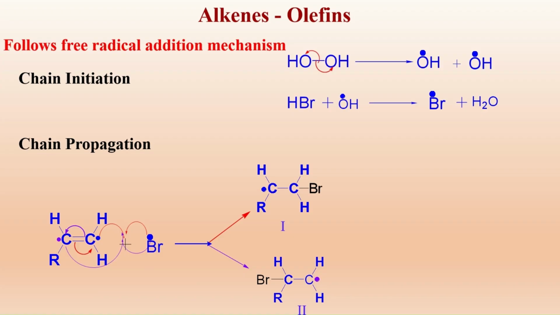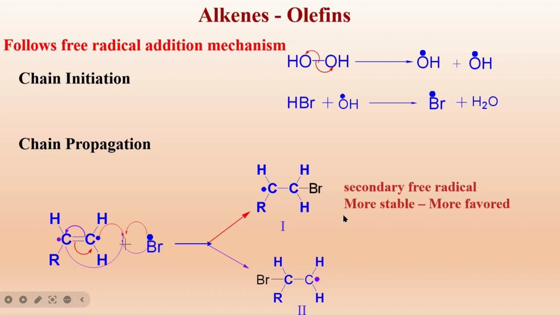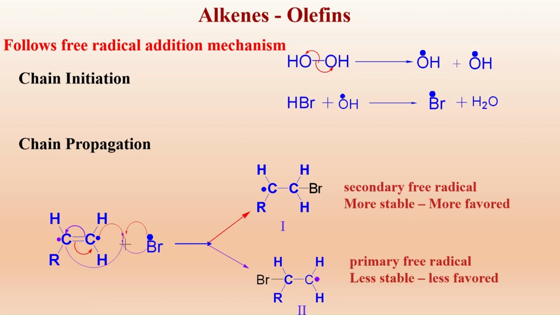The free radicals which are formed are highly unstable, all are unstable, but however, secondary free radicals are more stable than primary free radicals. Why is it so? It's because this primary free radical is electron deficient, no doubt, because it is in need of one more electron.